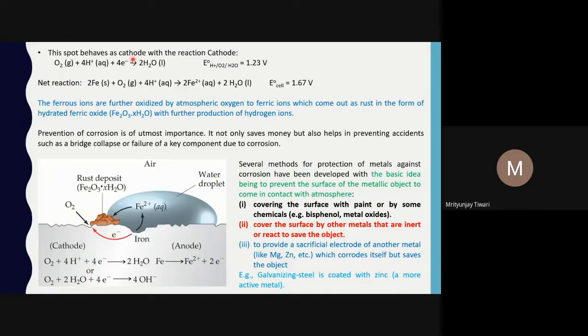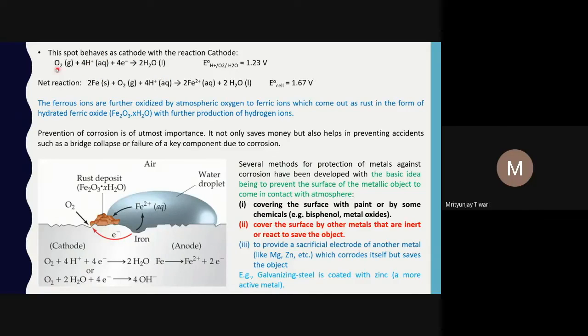Why a spot? Because there may be many cathodes and anodes on a simple metal or iron surface. It is not that one particular part of the iron behaves as the cathode and one particular part behaves as the anode. It is a certain spot, a certain area, sometimes cathode and sometimes anode. There are many spots which behave as cathodes and anodes of the iron.